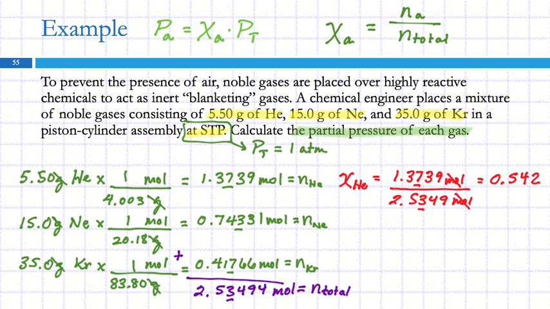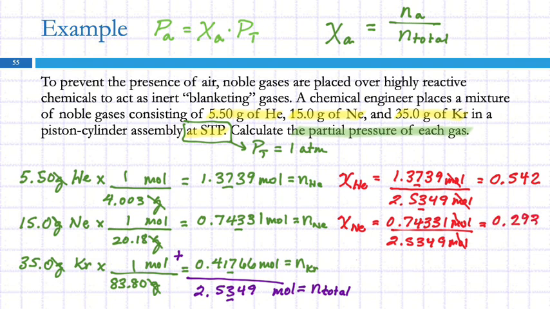I'm going to round this to 2 sig figs at this point. So the mole fraction of neon is 0.74331 moles divided by 2.5349 moles. Let's start that one completely over.